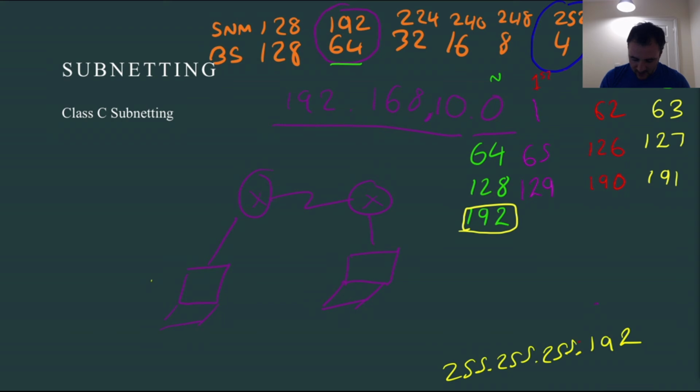Our CIDR, because our full stop is here, and then we've gone for 255, 255, 255, and this would normally be 0. We've stepped in 2 bits, and this is our bit of interest, or our active bit. So that is 24 up to this decimal point. So 24, 25, 26. So it's a slash 26.